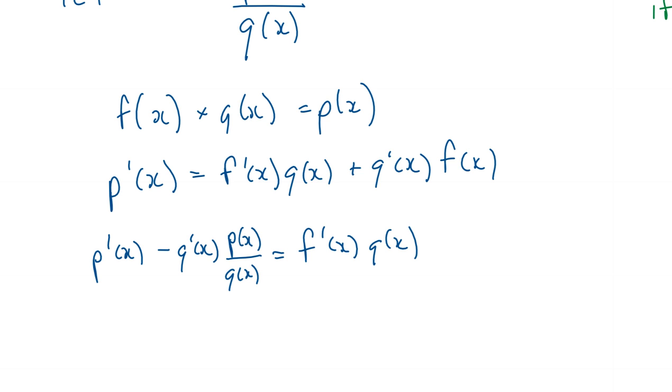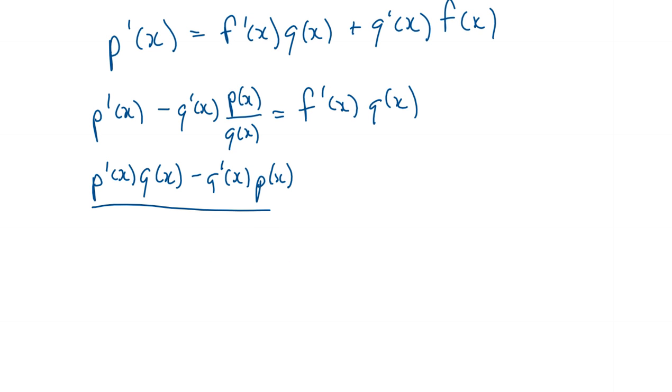Now what? I'm going to get a common denominator on the left side. So I'm going to get a denominator of q at x. So this is going to be p prime x q x minus q prime x p x over q at x.